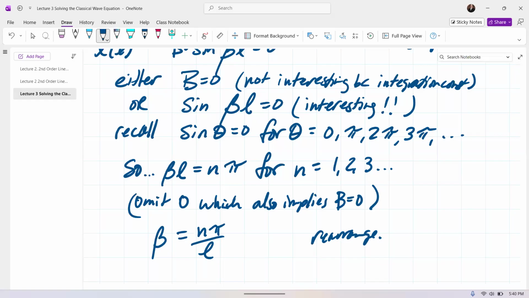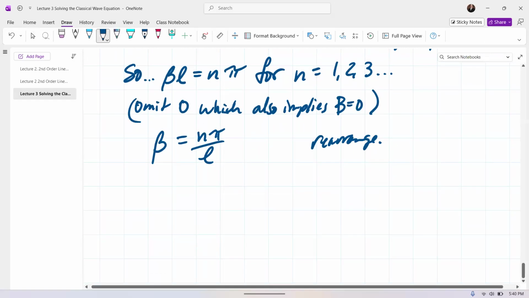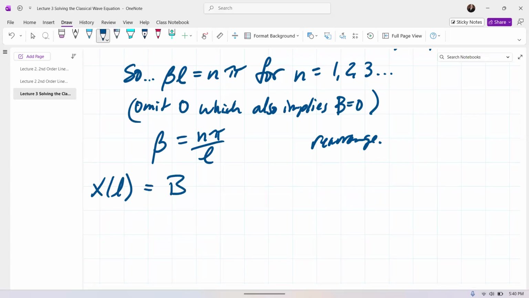Okay. Next, x of L equals B sine beta L equals 0. This is from above.